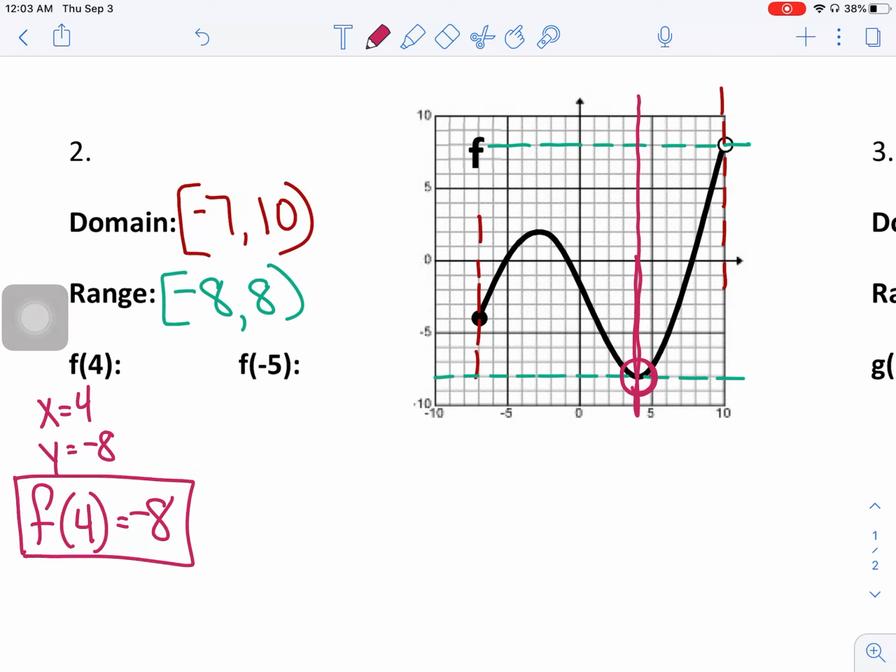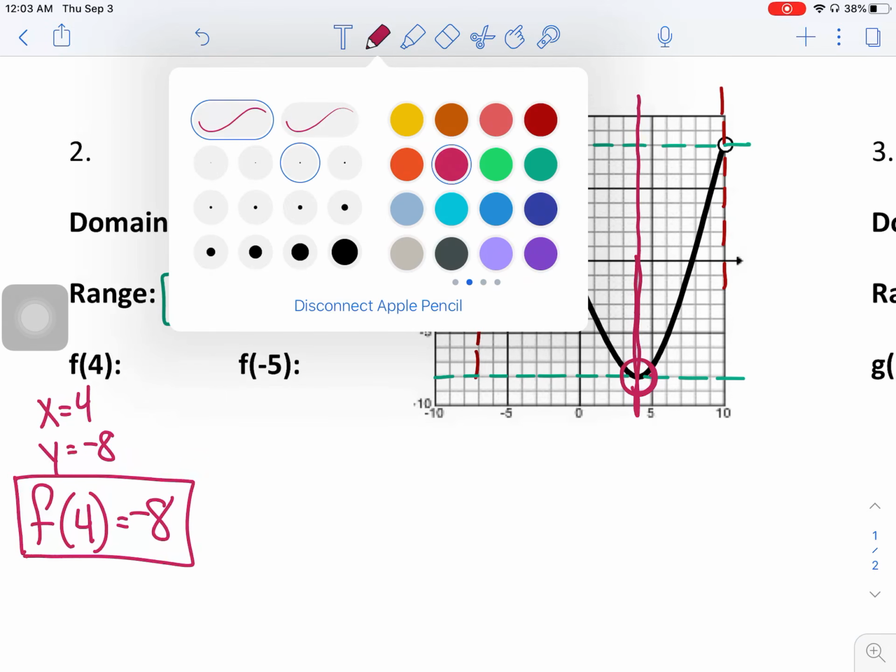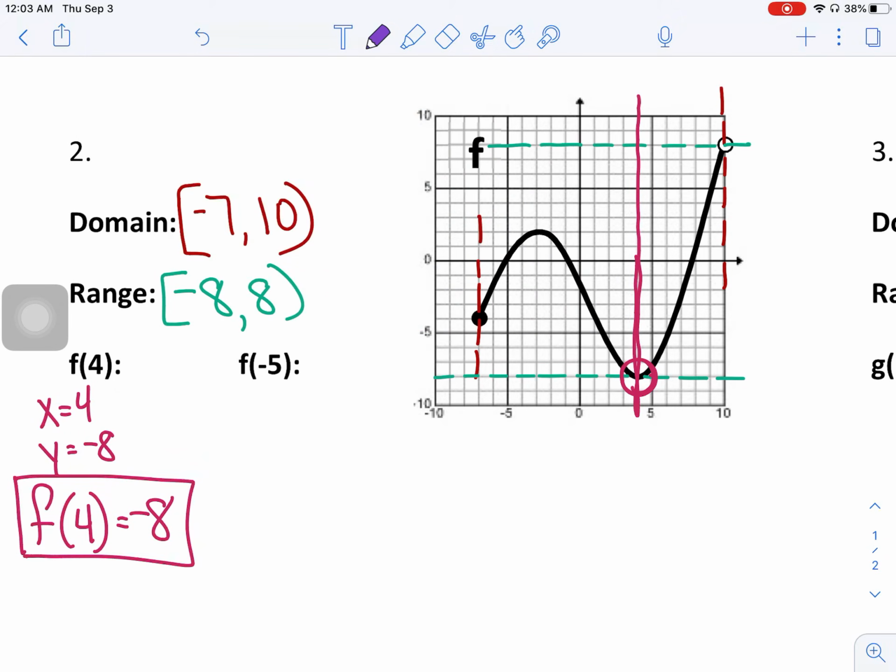That's all it is. So for giggles, I'll change colors. Let's go with pretty purple here. So second little function notation here, same function, the f function, but this time I'm asking you, when x is equal to -5, what is the y value of your graph? So a couple different ways to do this.